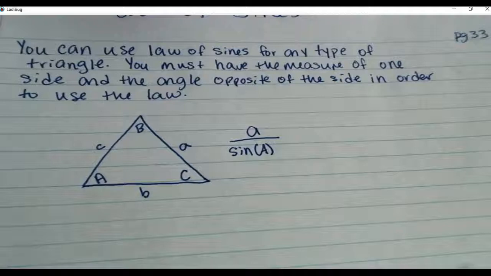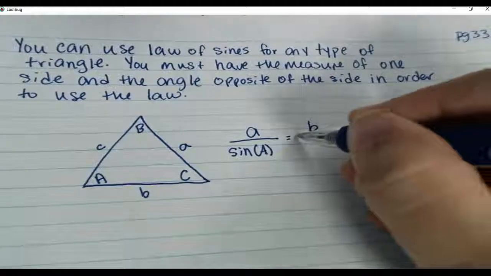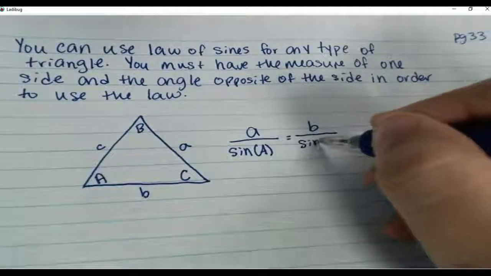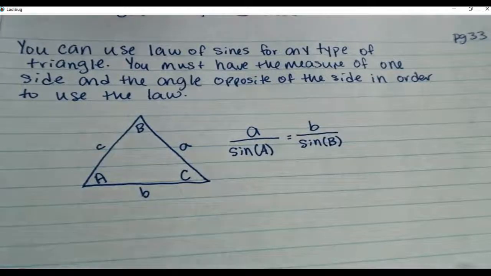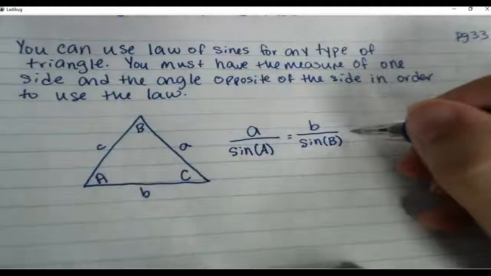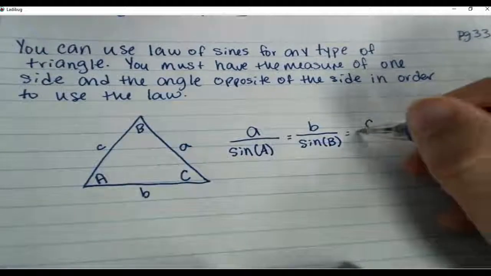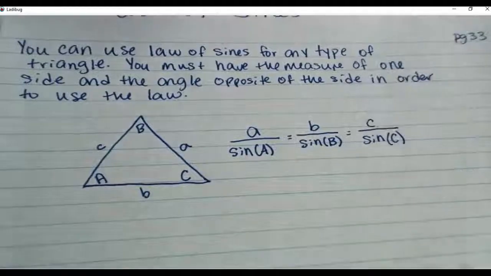The ratio of little a to sine A is equal to the ratio of little b to sine of big B, and those ratios are also equal to the ratio of little c to sine of big C.